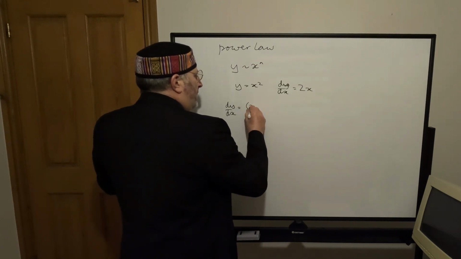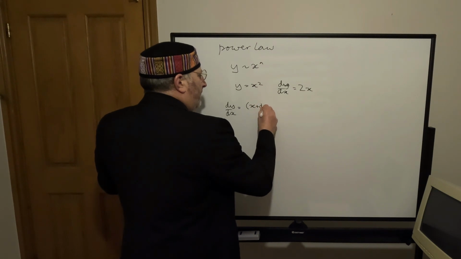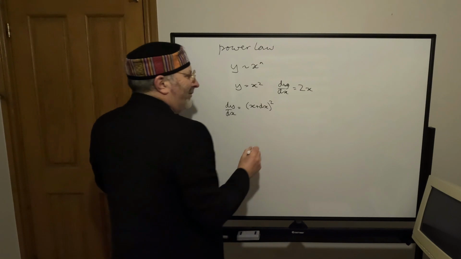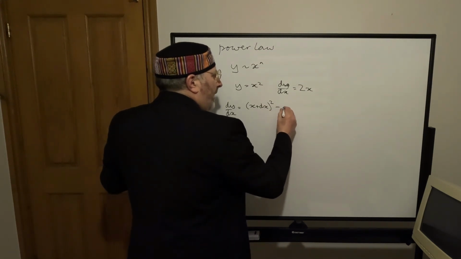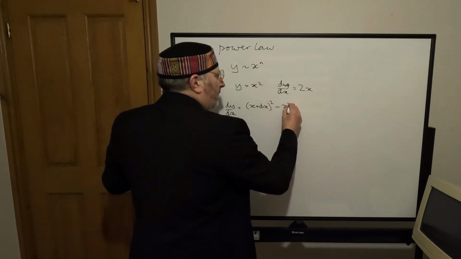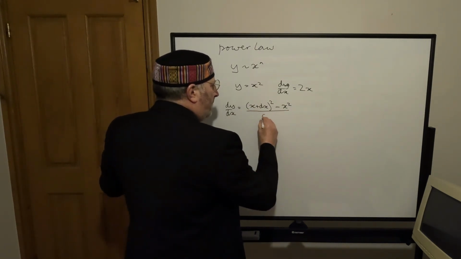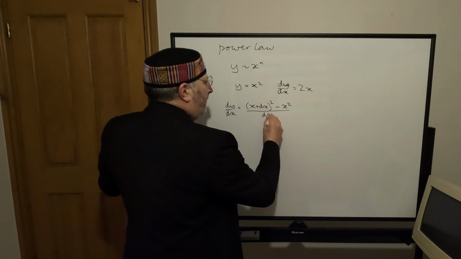So the change in y is the value of y at x plus dx. Well, y is x squared, so that will be just x plus dx squared, take away the value at x, which is just y equals x squared. And then that's all divided by dx.